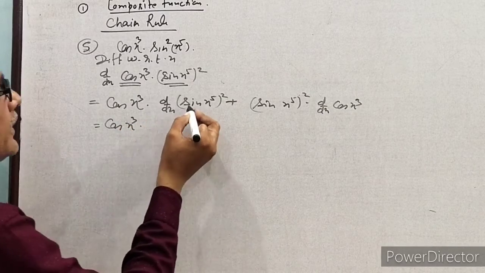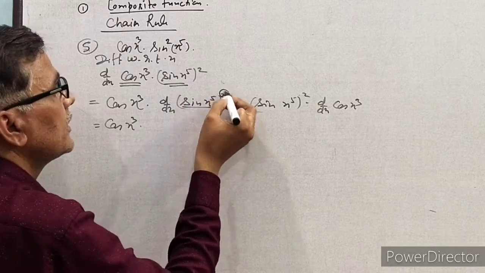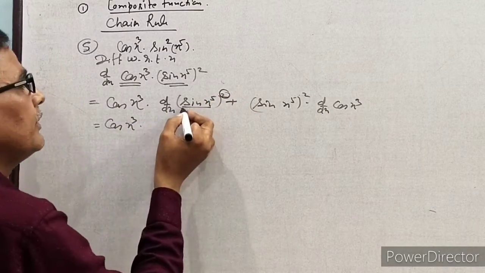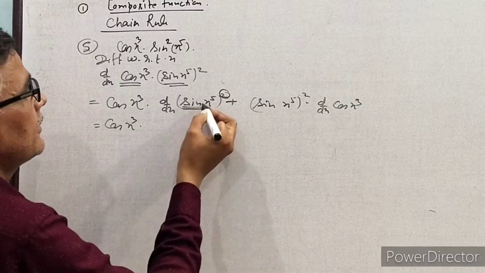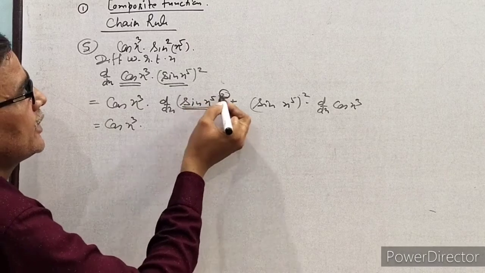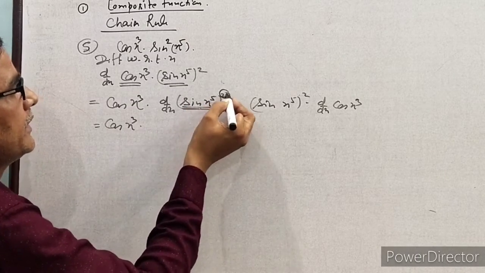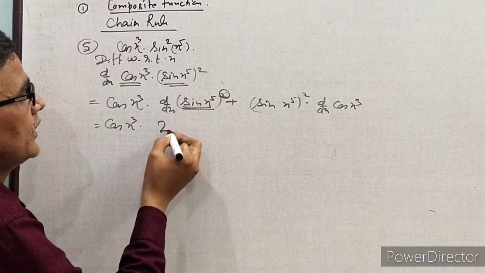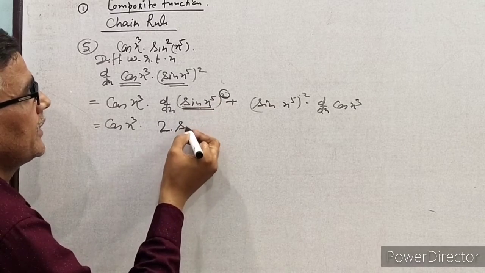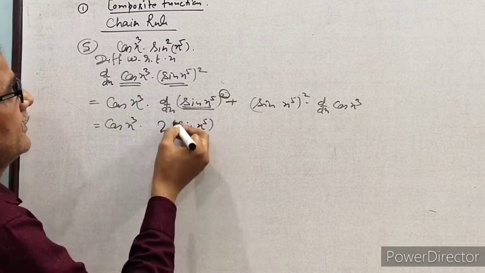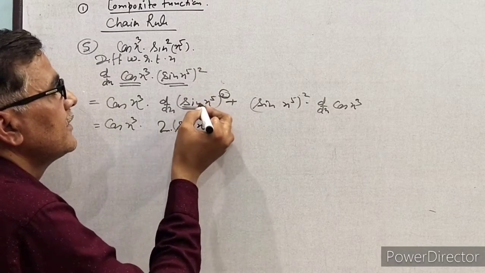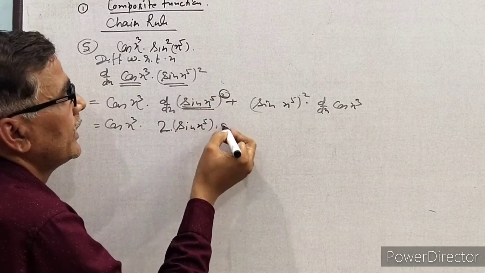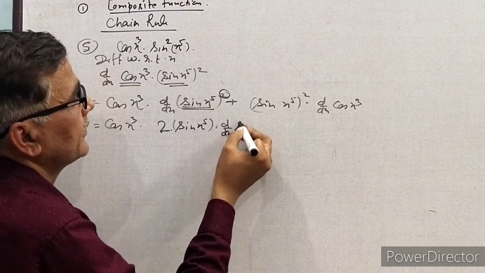Now differentiate this. We are having constant power, the whole power. Then we have to consider this function as x. If we consider this x, it becomes x square, and the derivative of x square is 2 into x. x की जगह पे है this is. Now we have considered it x, but it is not actually x, so we have to differentiate it again.